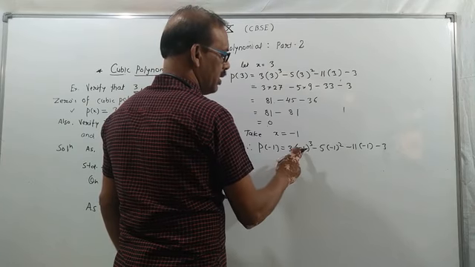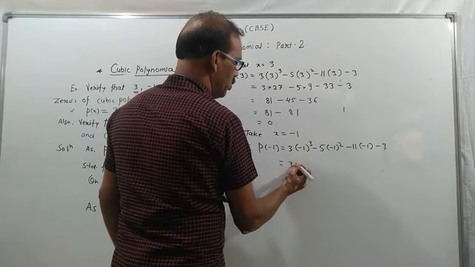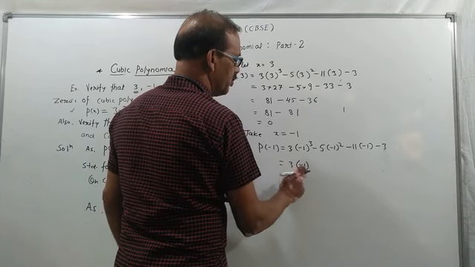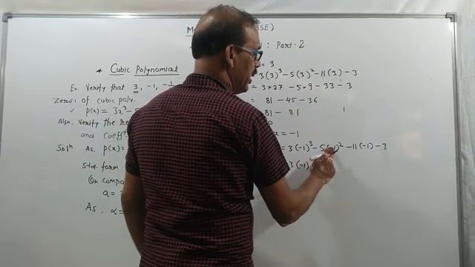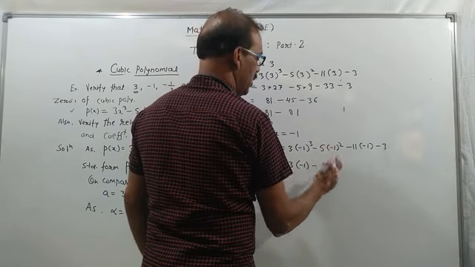1 cubed is 1 and minus 1 cubed is minus 1, and 3 into minus 1 is minus 3. Square of any negative number is always positive, and 1 squared is 1.